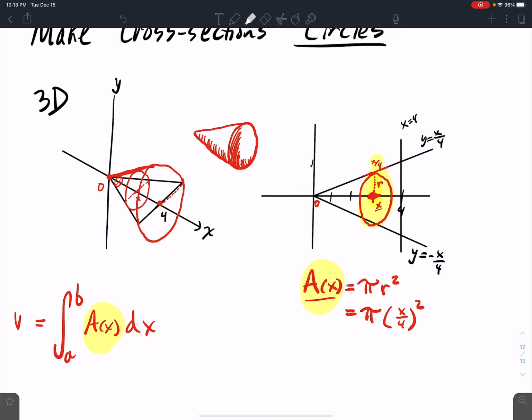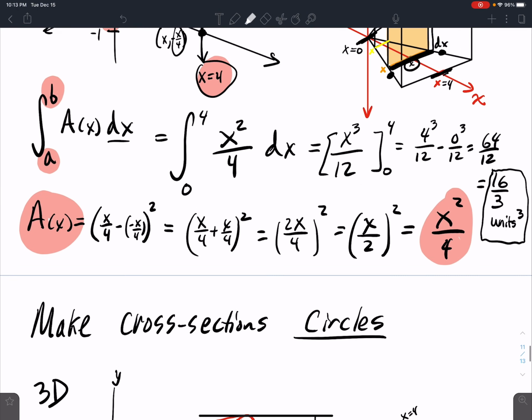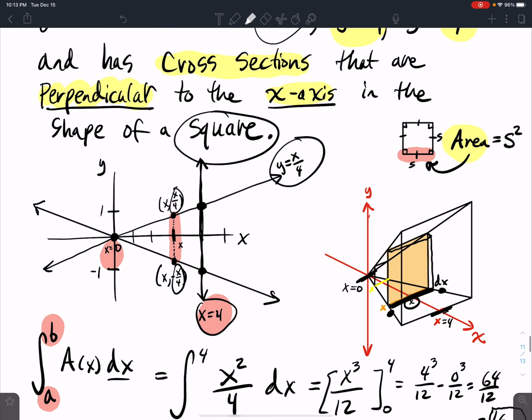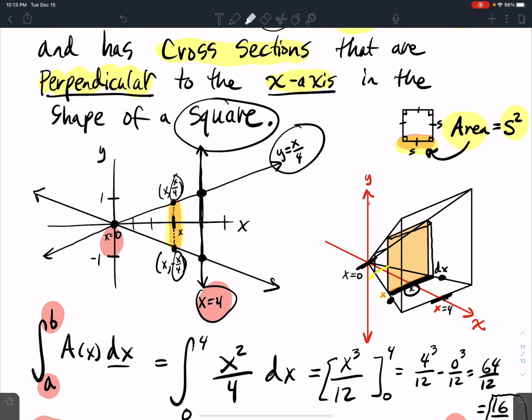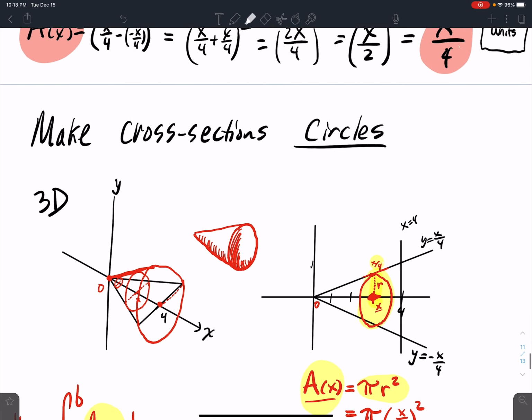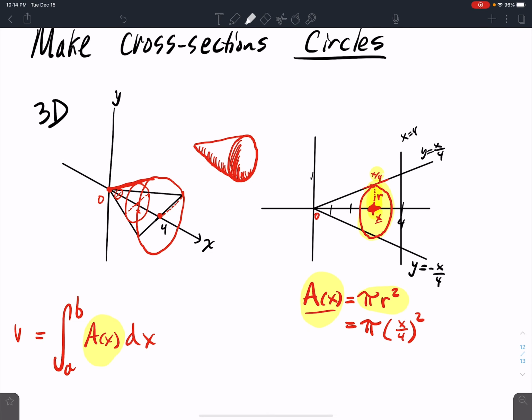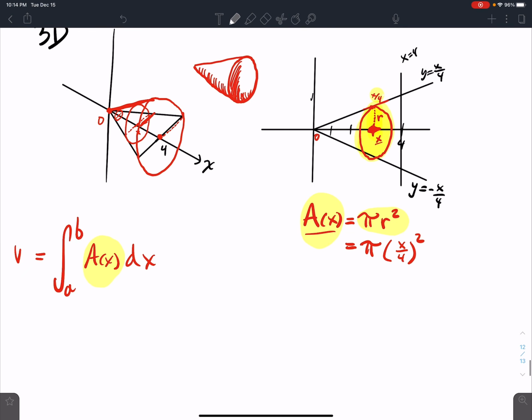So if you know pi r squared, you know s squared for the area of a square, then what you've got to do is figure out the length of the side in terms of x, just like how do we figure out the radius of the circle in terms of x for some arbitrary x value. Okay, and it ends up being that distance there. Okay, so you've got to kind of know basic geometry formulas there, and there'll be a formula sheet that you can download.